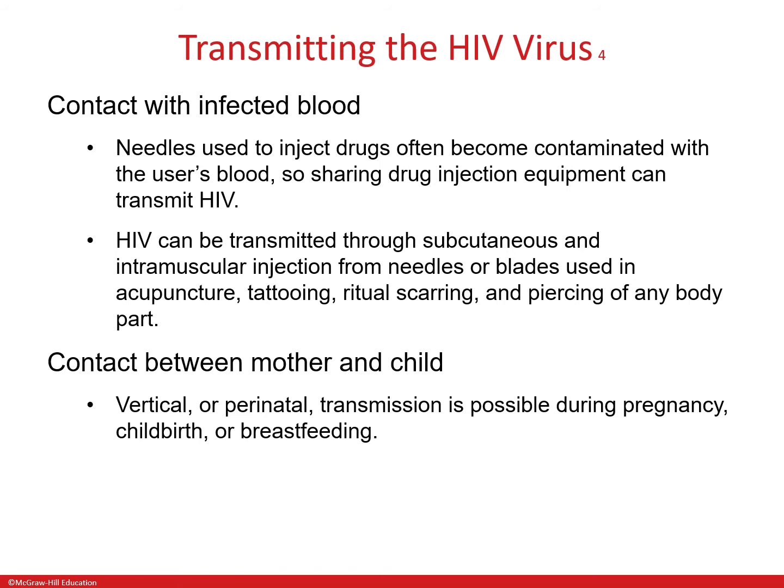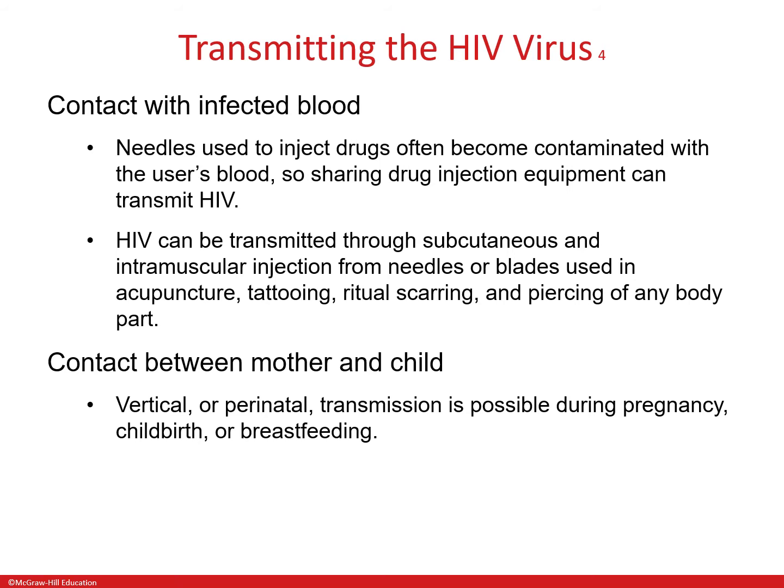Next, we have contact between mother and child. So the final major route of HIV transmission is mother to child, also called vertical or perinatal transmission, and this can occur during pregnancy, childbirth, or breastfeeding. So the number of new HIV/AIDS cases among American infants has declined more than 90% since 1992 because of testing and treatment of infected women with anti-HIV drugs.